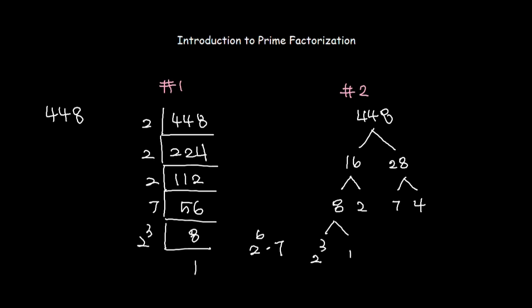I'll skip to 2 to the third power, and 2 and 2. If you keep track of it, you get 7 here, 2 to the third power, 2, 2, and 2. So you get the same answer, 2 to the 6th power times 7. No matter what method you use, you still get the same answer. So be sure that you know these two methods. I do recommend you again use the latter form.